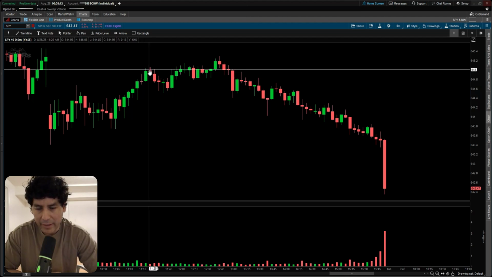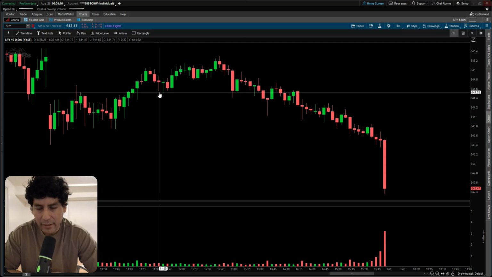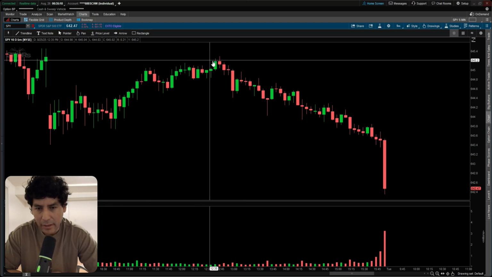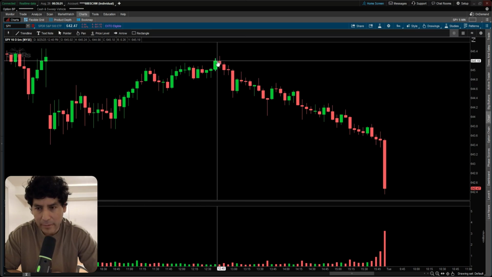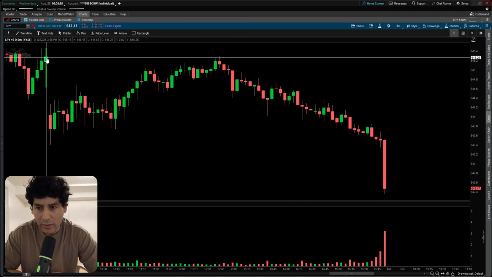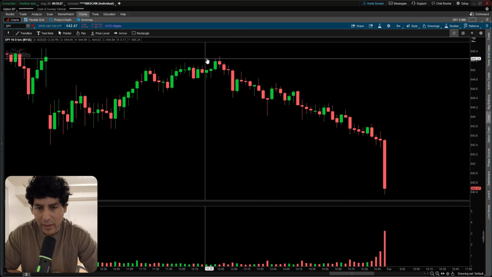And from here, the price made a pullback and then continued going up. At this point, almost the close of the previous day, the price dropped down.